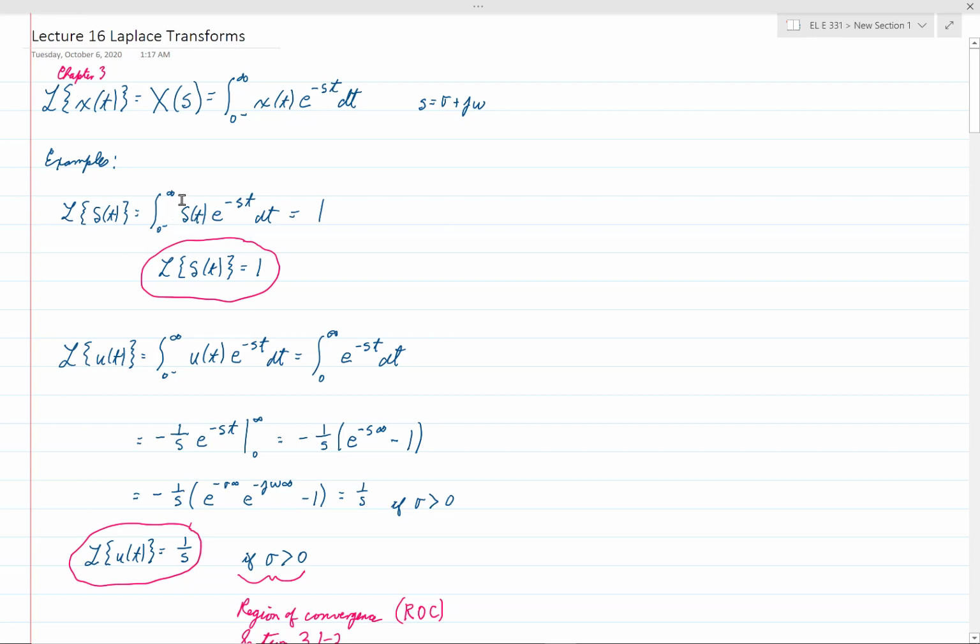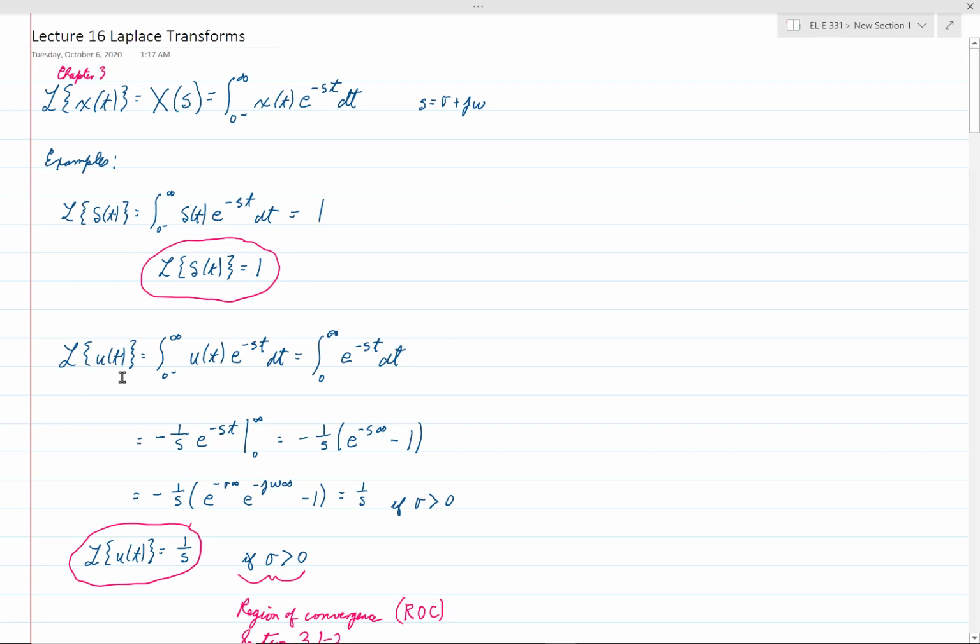Remember that as long as the region of integration contains the point where the argument of the delta function goes to 0, which in this case is t equals 0, then the value of the integral is just the rest of the integrand evaluated at t equals 0. The rest of the integrand is e to the minus st, and evaluated at t equals 0, we get e to the 0, which is 1. So the Laplace transform of delta of t is simply equal to 1, and it really can't get much simpler than that.